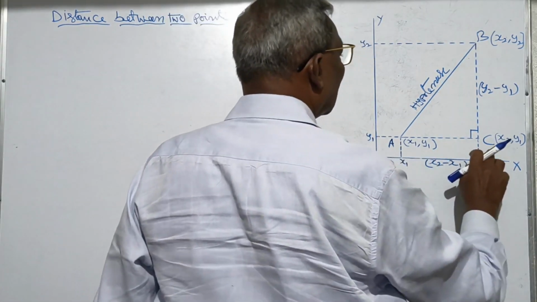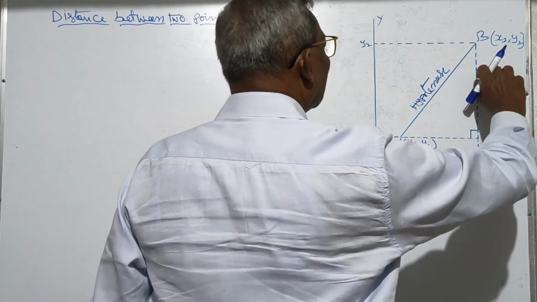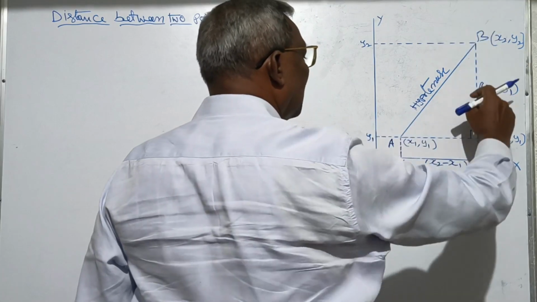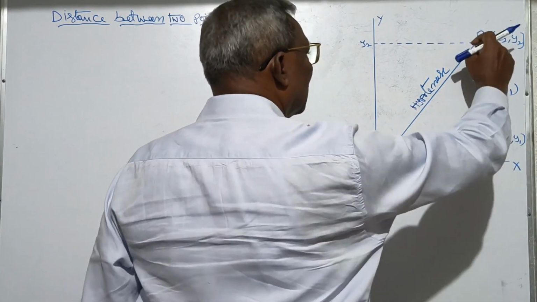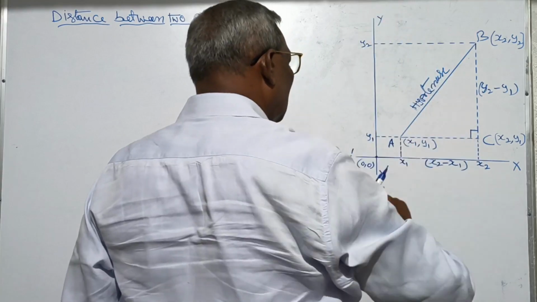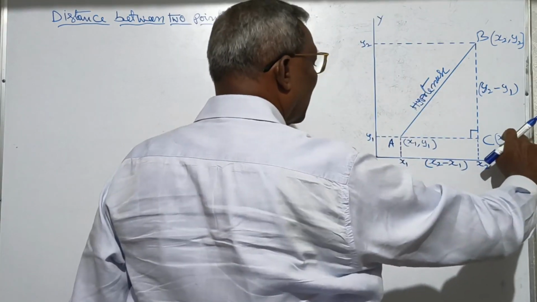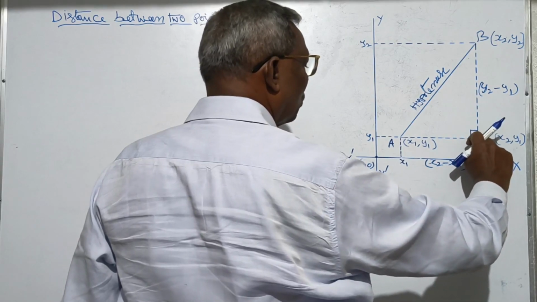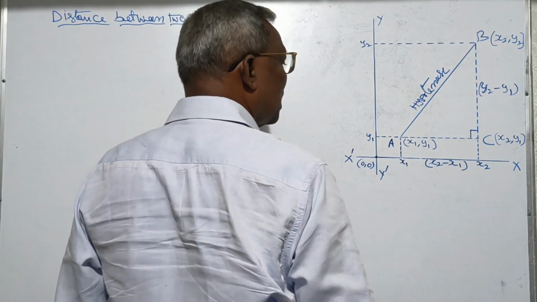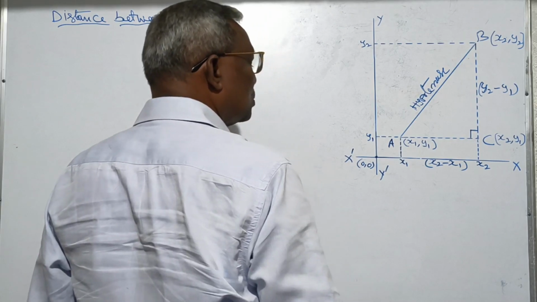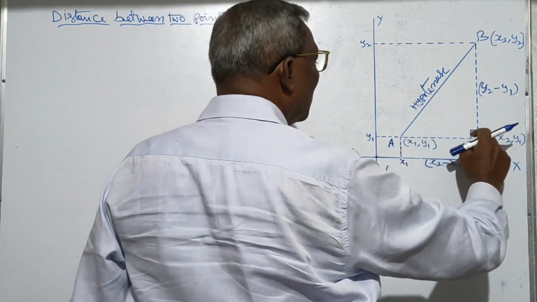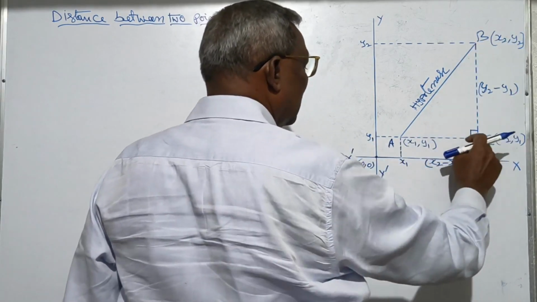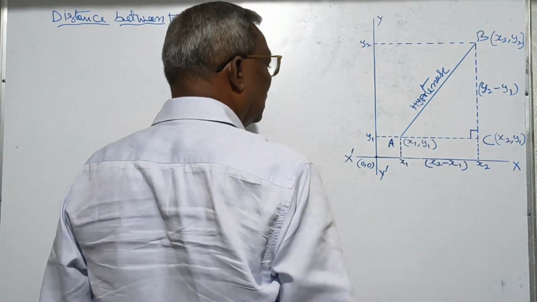Similarly, I have drawn another dotted line with reference to B parallel to the y-axis. The parallel lines to the x-axis and y-axis both intersect at one point. That point is named C. Next, it formed a triangle A, B, C.